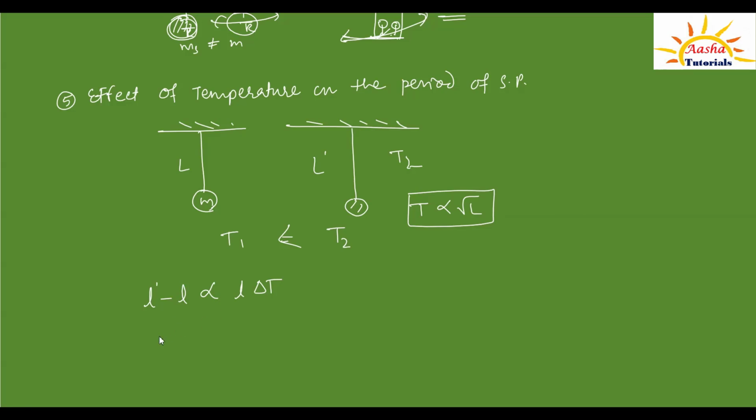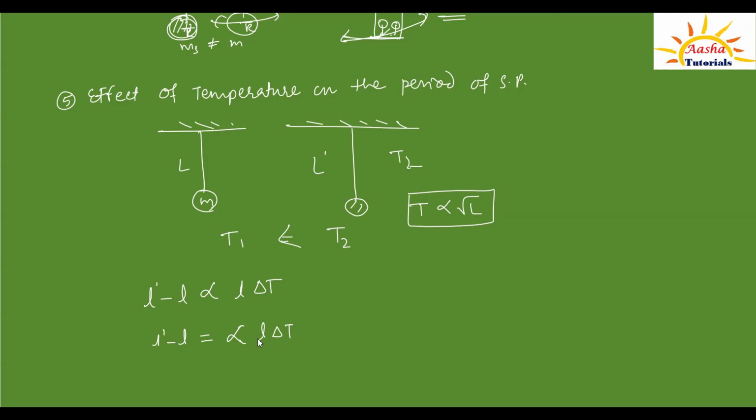And here, when we remove this proportionality sign, we take a constant, that is the temperature coefficient of linear expansion alpha. We write alpha into L into delta T. Okay, so this we have to remember here.